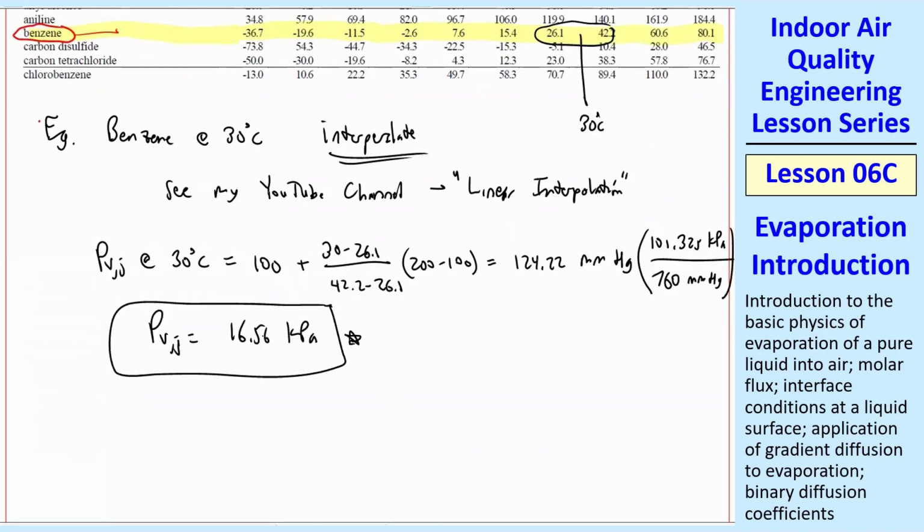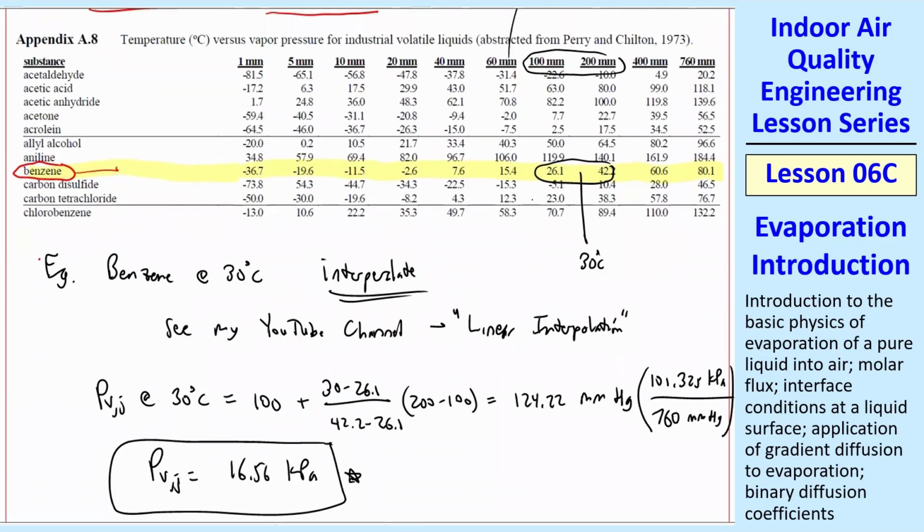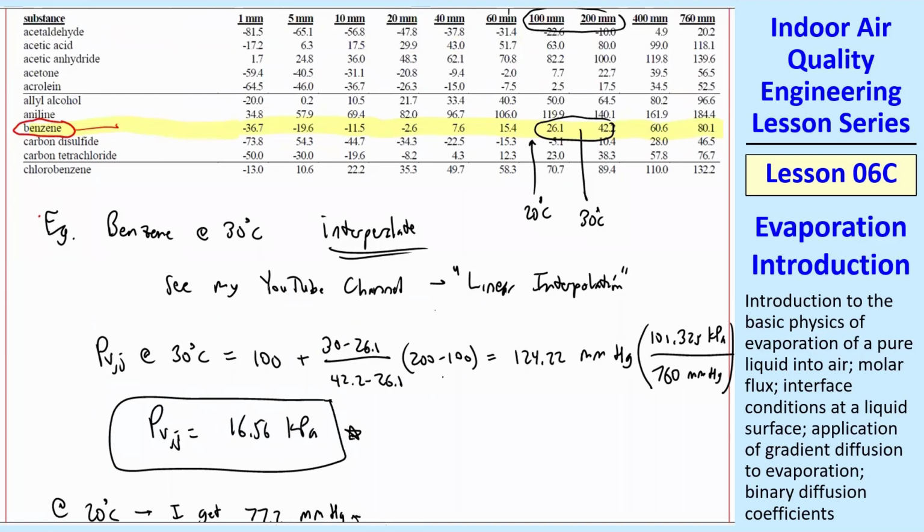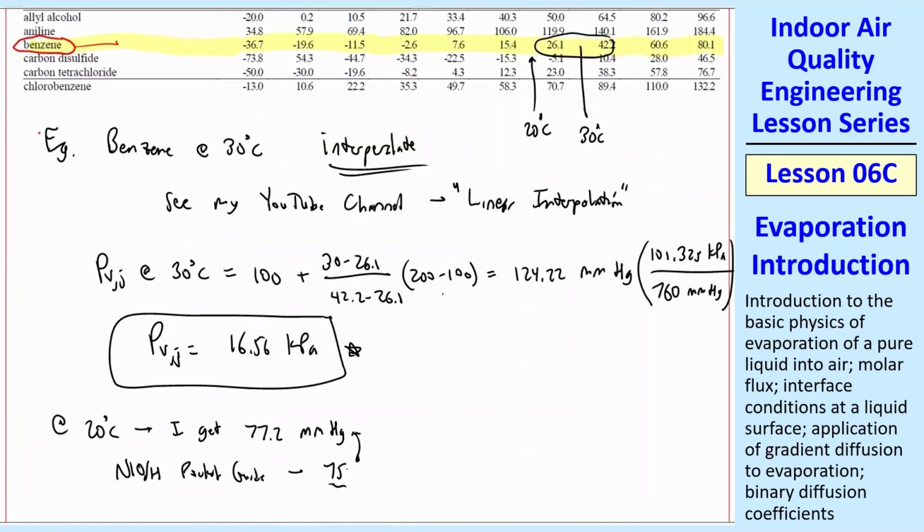I did a quick interpolation with these tables also for 20 degrees C. I get 77.2 millimeters of mercury, and the NIOSH pocket guide gives 75. They're pretty close. I'm not sure why they're different other than we're interpolating, and this is not a very fine interpolation, so the 75 is probably more accurate. We're good to about 2 digits for these kind of things, not much more than that.